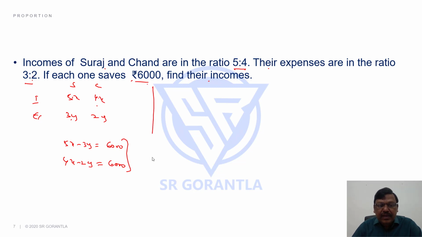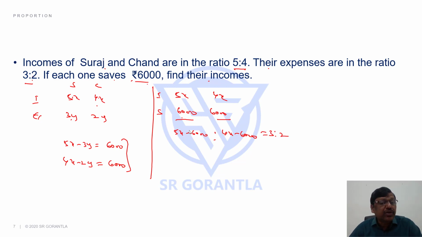Now, the second approach, we'll use the ratios concept only. Incomes of them are 5x and 4x. Each one saves 6,000. Now, income minus savings will give expenditure: 5x minus 6,000 here, and 4x minus 6,000. Now, the ratio equals 3:2, so we can write product of extremes, product of means and get the answer.